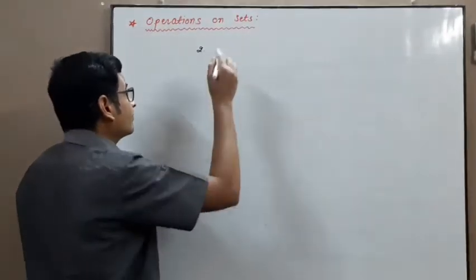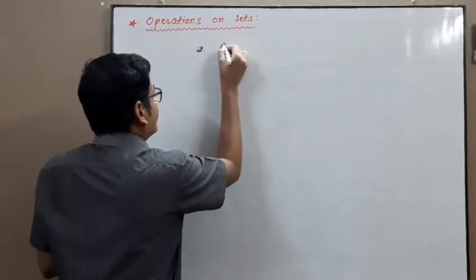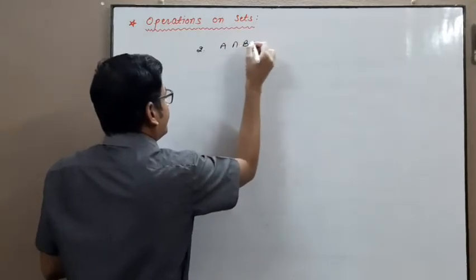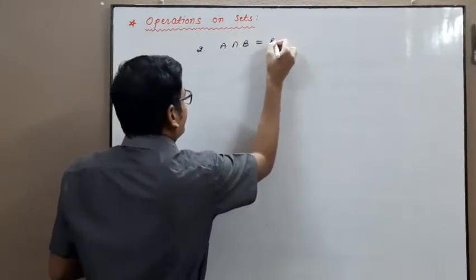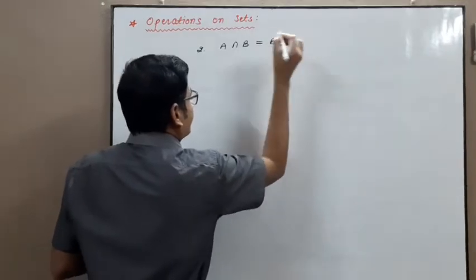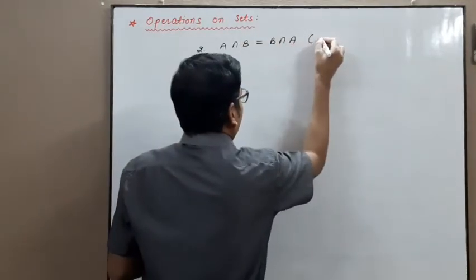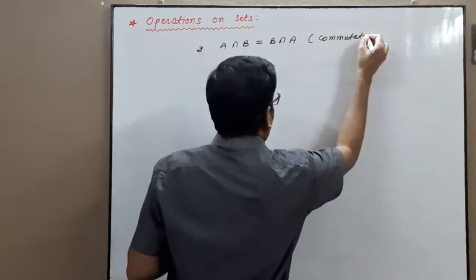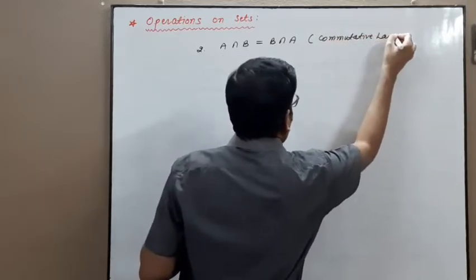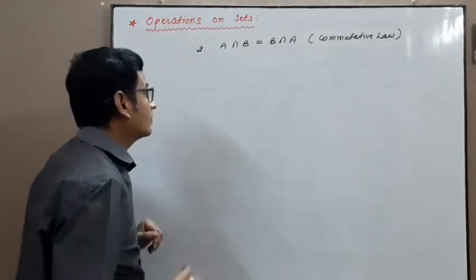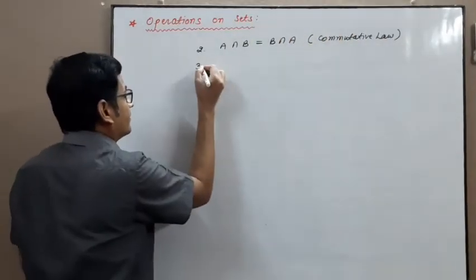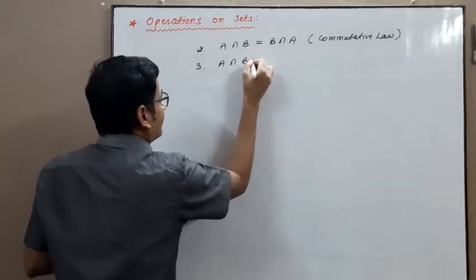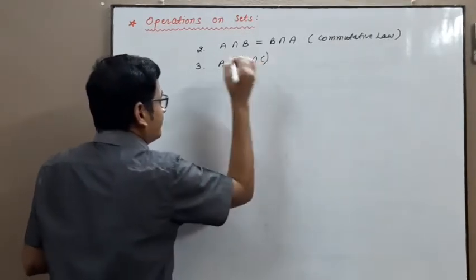Remark number 2. Sets are commutative with respect to intersection. Means A intersection B is equal to B intersection A. Commutative law. Third, sets are associative with respect to intersection.